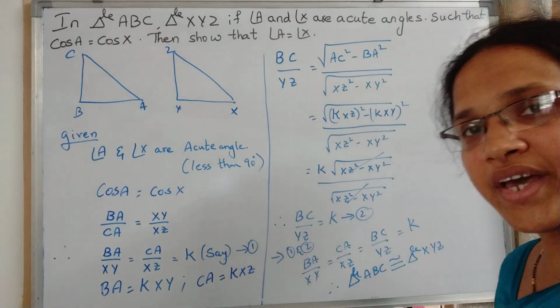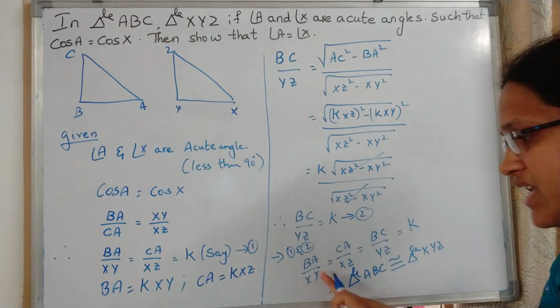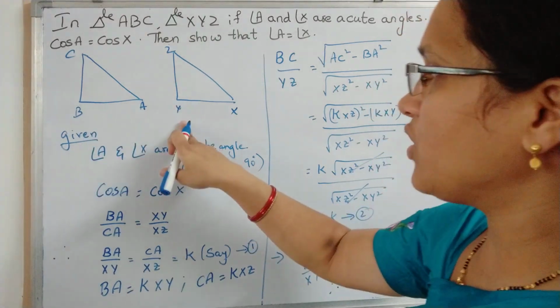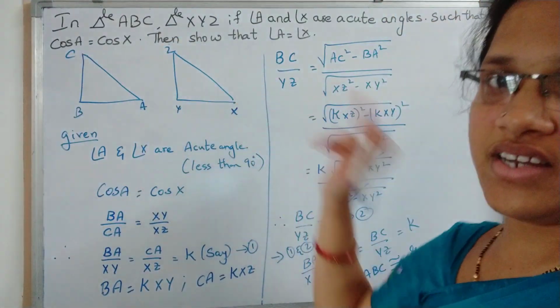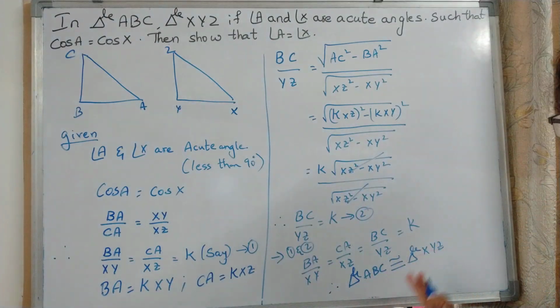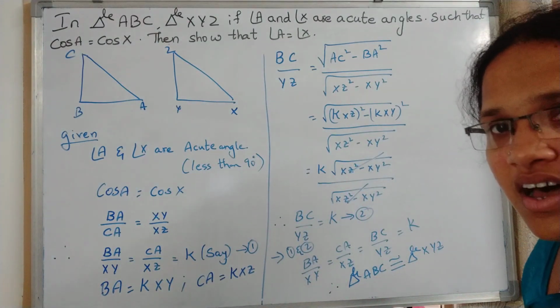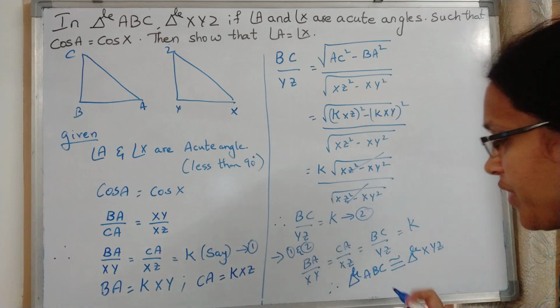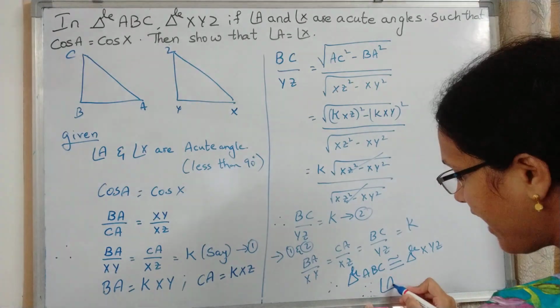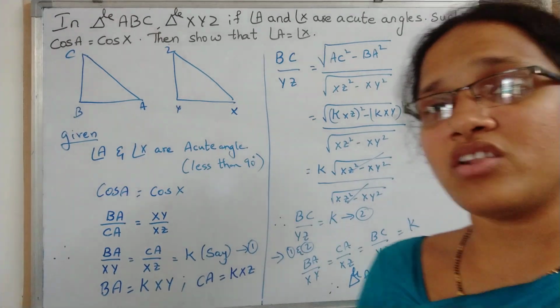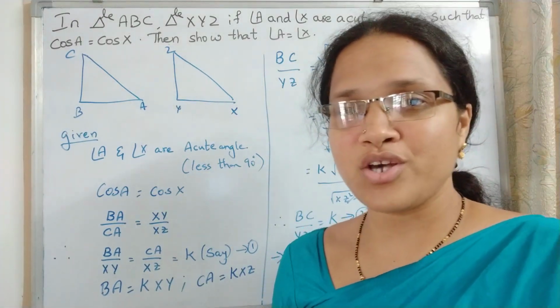Do you agree with me? Yes, because the three sides, BA is equal to XY, BC is equal to YZ, CA is equal to XZ. So these three are equal to the constant. Therefore, these two triangles are congruent. And if they are congruent, all the other angles are also equal now. Yes or no?